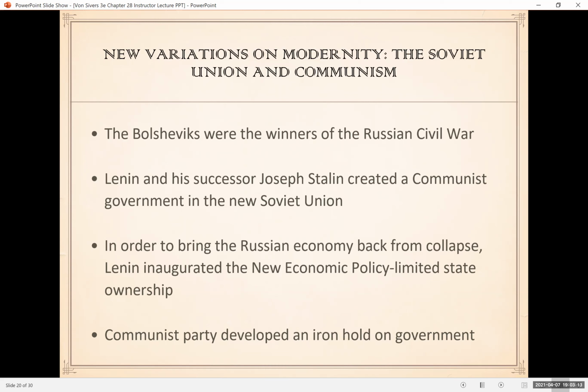But the fighters were not interested in staying in the war. The Germans had a really sneaky plan. They were going to encourage revolution, a communist revolution in Russia.